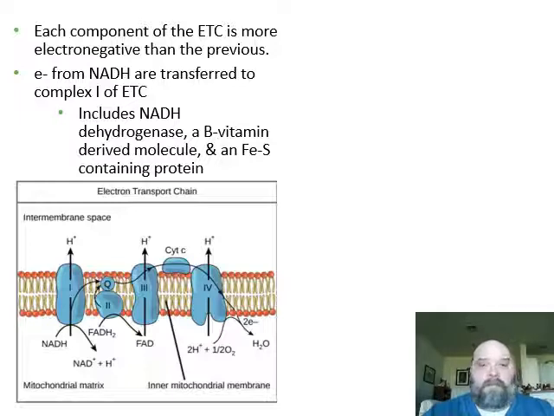Now, you look in the textbook. Textbook goes through all the different proteins and parts of the complexes. No, I don't expect you to know it at that level, okay? That's going to be for cell biology.